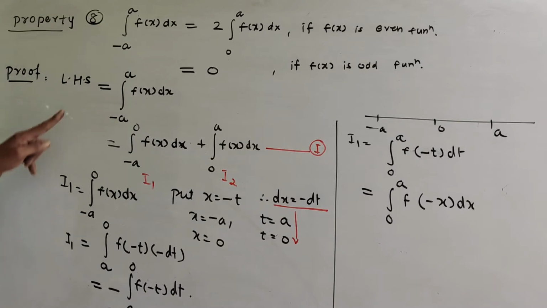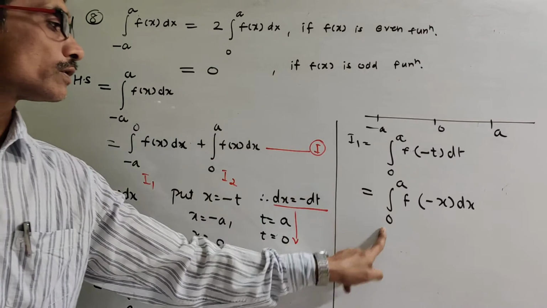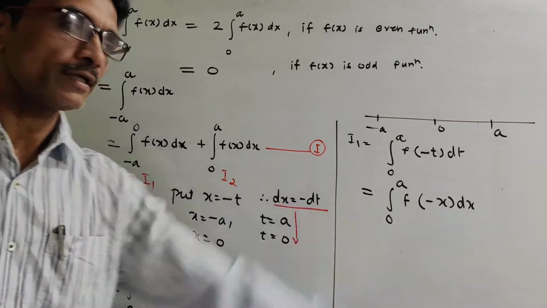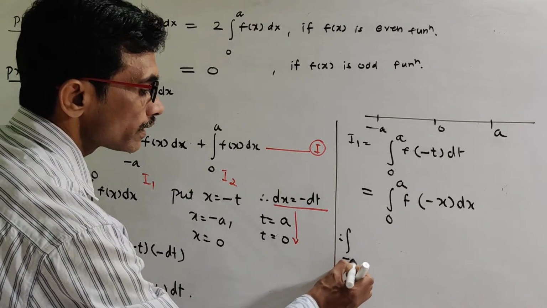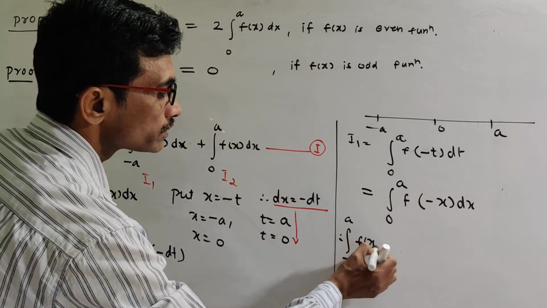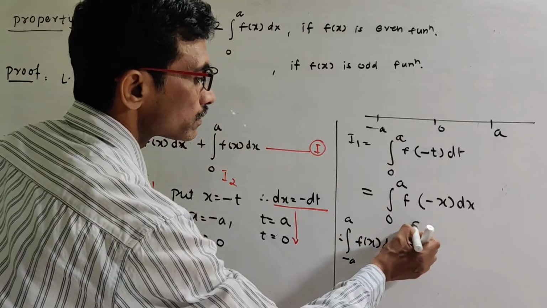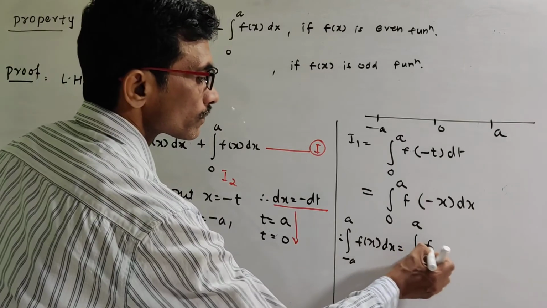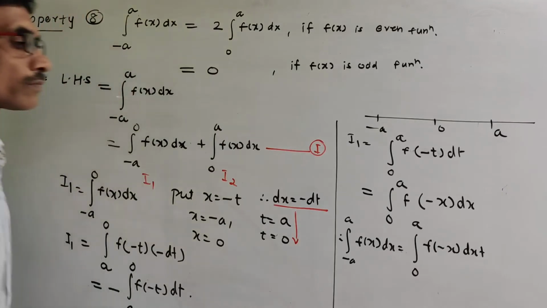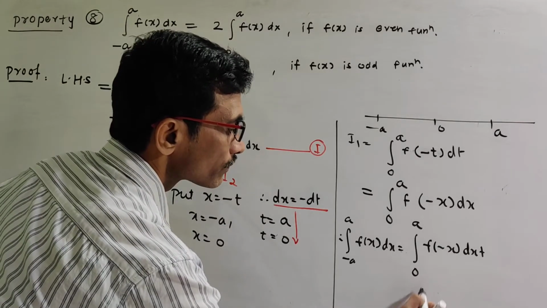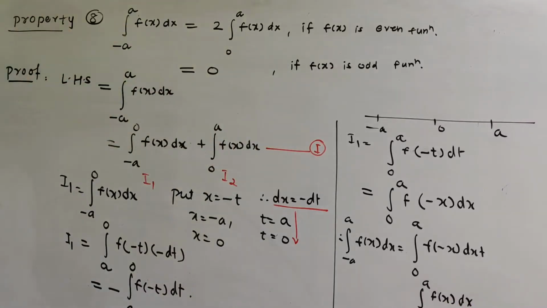So we have integral minus a to 0, that is I1, equal to integral 0 to a f of minus x dx. So in 1 we substitute, therefore integral minus a to plus a f x dx is equal to integral 0 to a f of minus x dx plus integral 0 to a f of x dx.